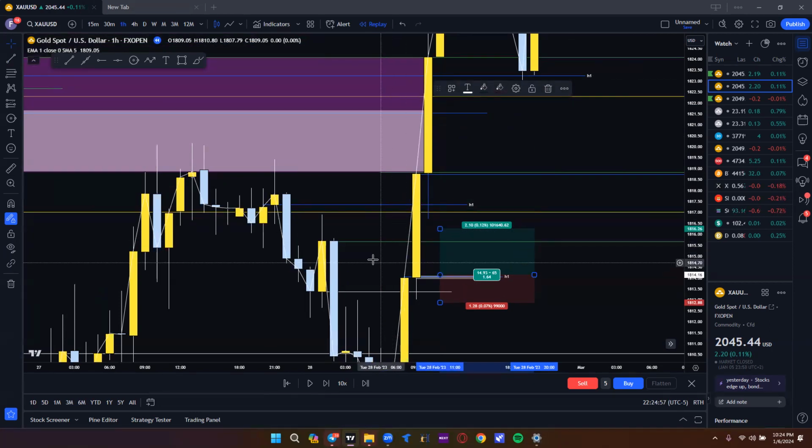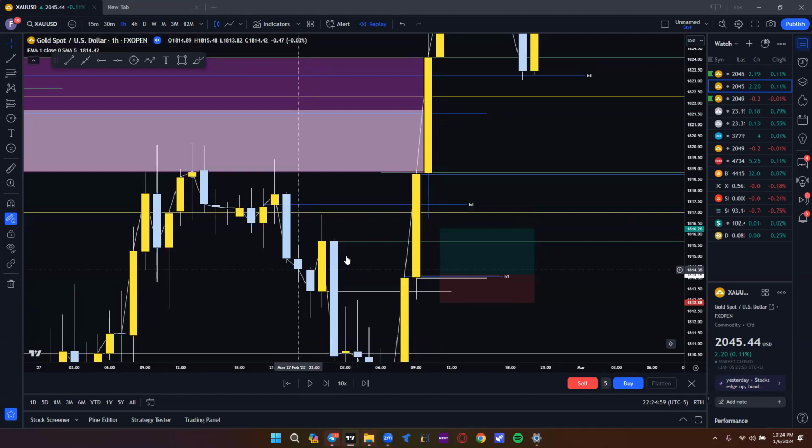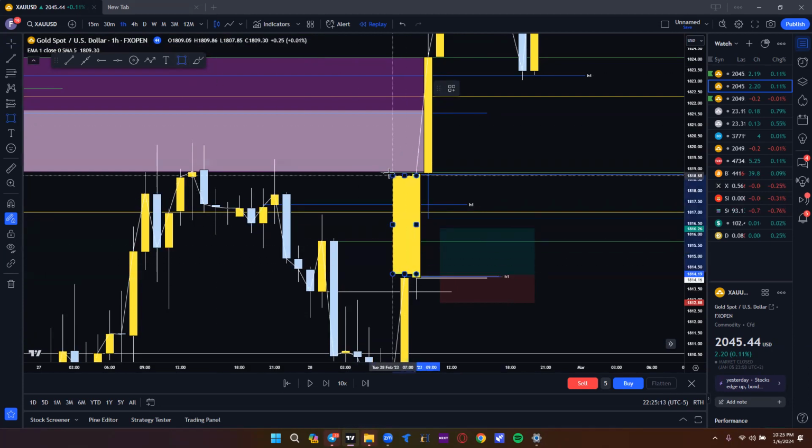But now let me explain something real quick. You've hit your TP already, and to manage the position, we can see that H1 closed above the daily level.